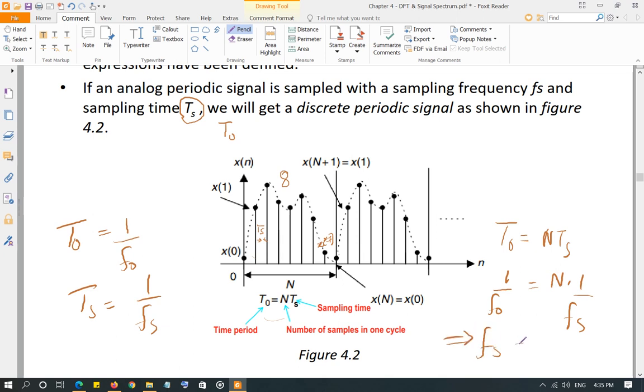From this relationship you can see that fs is equal to N times f naught. So in the frequency domain, one period is equal to fs, and that is equal to N times f naught, right? So frequency resolution, which is f naught, which we express by delta f, is basically fs over N.